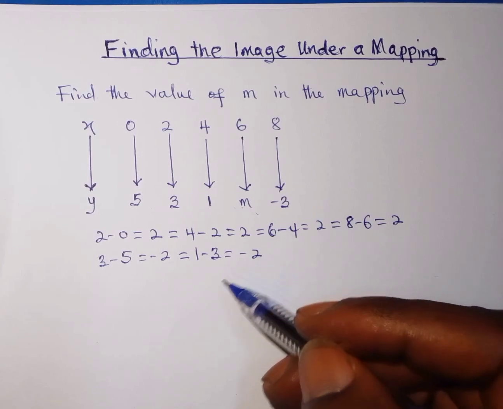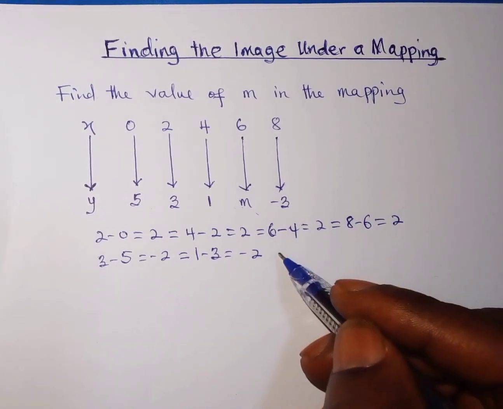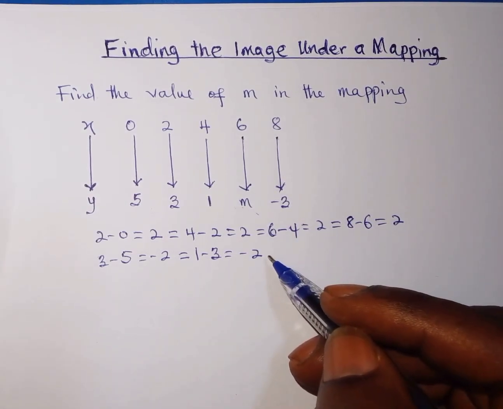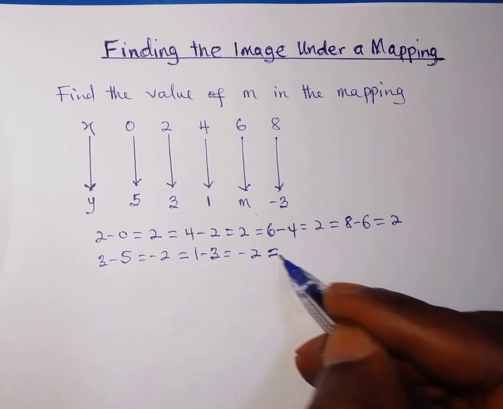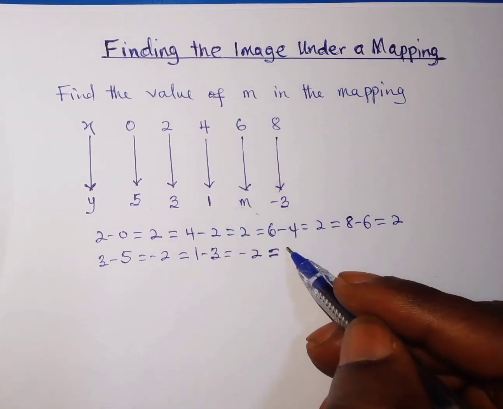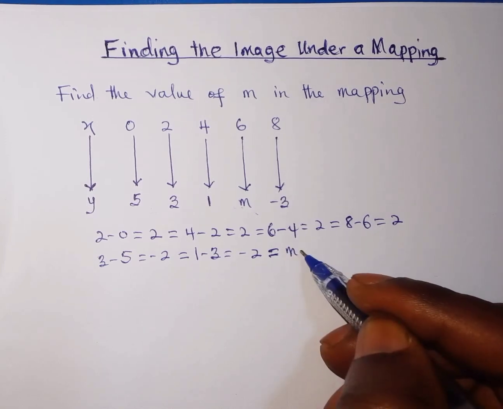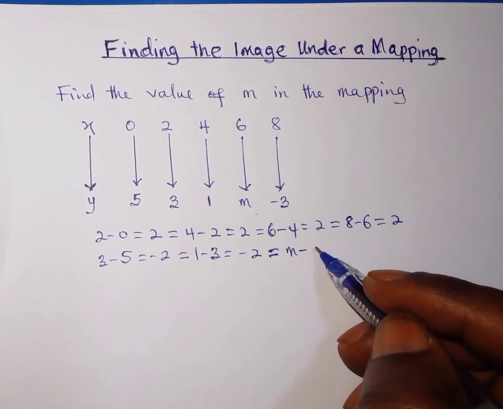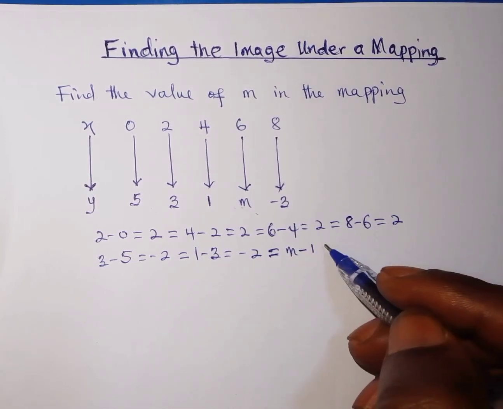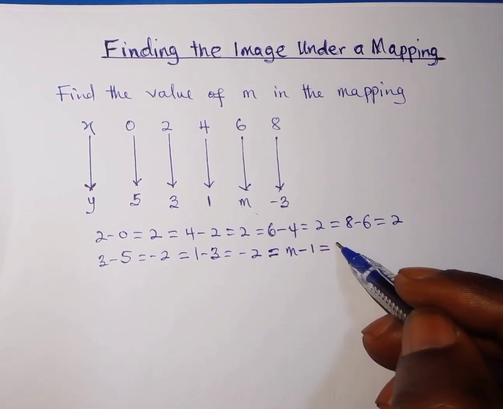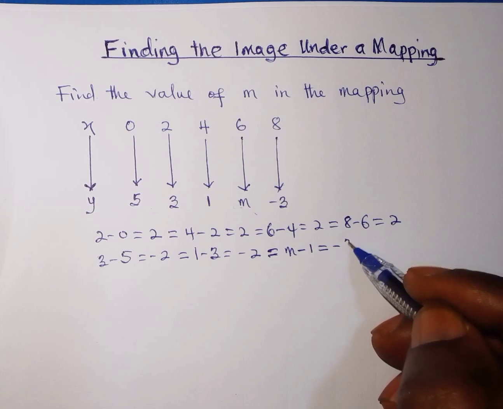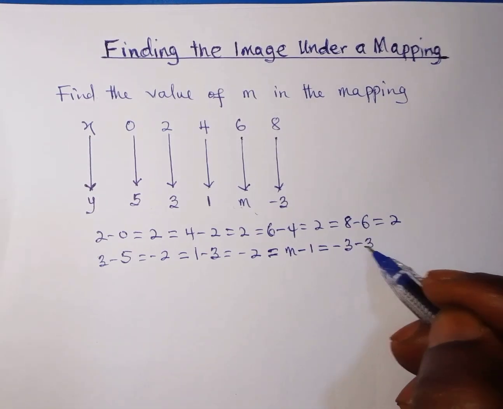Then we subtract 1 from m, which should give the same difference. And it should be the same as when I subtract m from negative 3. It should give me the same.